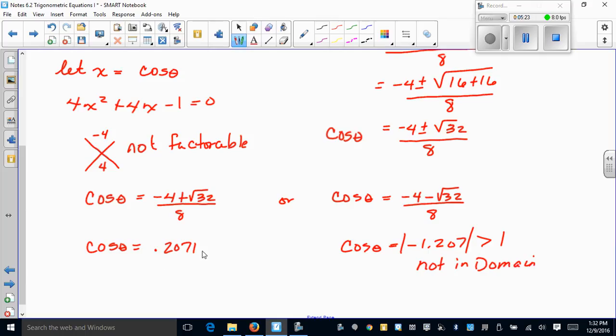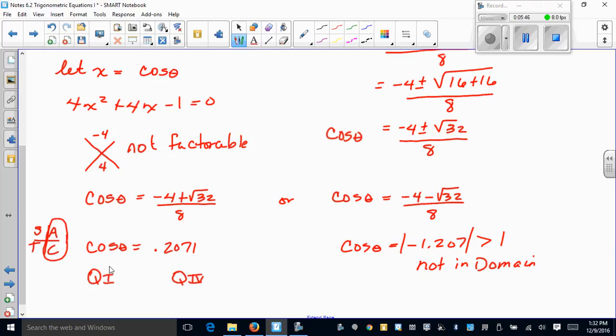And it's positive. And remember that All Students Take Calculus. That means we're in quadrant 1 and quadrant 4. So quadrant 1, quadrant 4. And I will put this straight into the calculator.